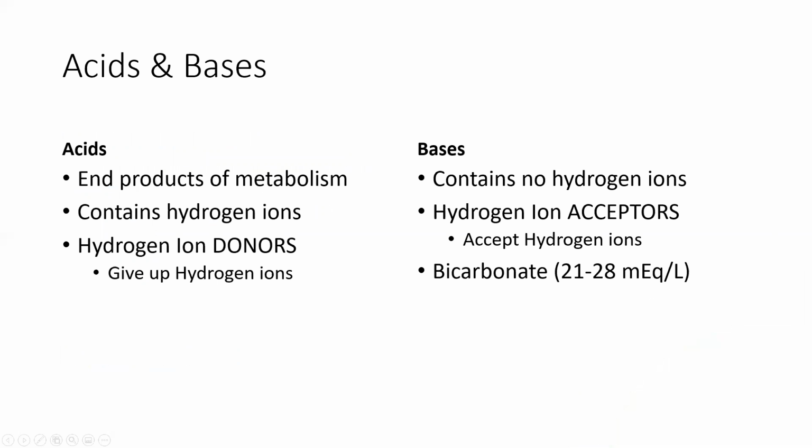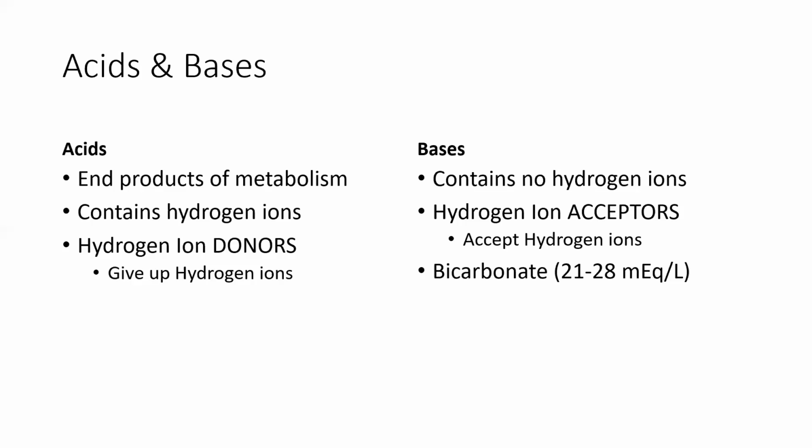So let's talk a little bit about what acids are and what bases are. Acids happen to be the end products of metabolism. After your body has used up everything that it needs, these are all the things that are quote unquote left over. And of course, they contain hydrogen ions. The more hydrogen ions we have, the more acidic we are.